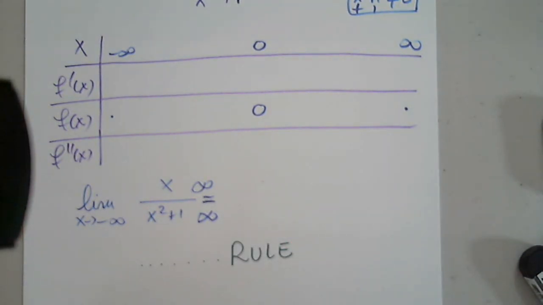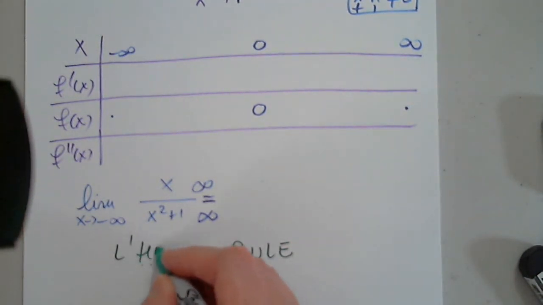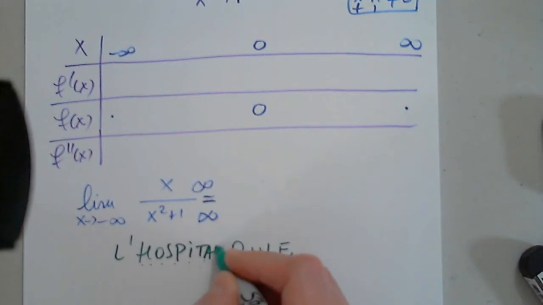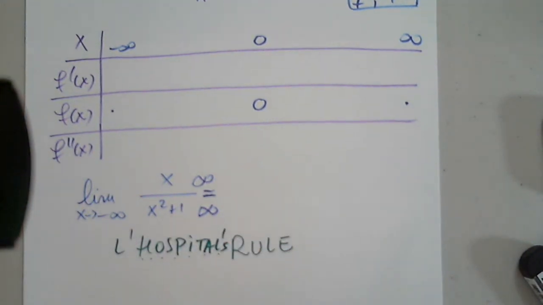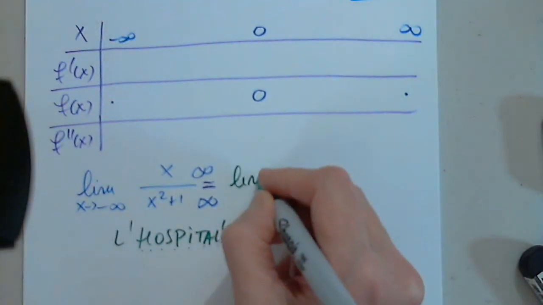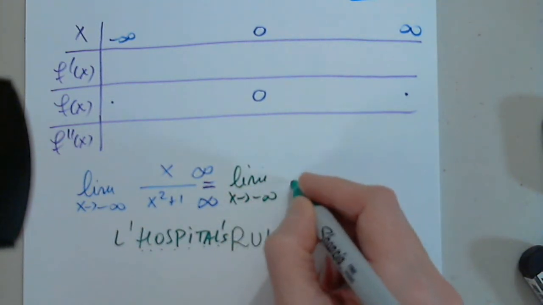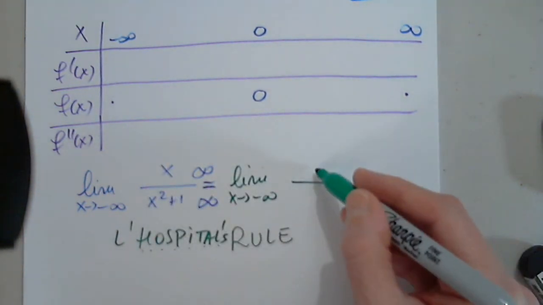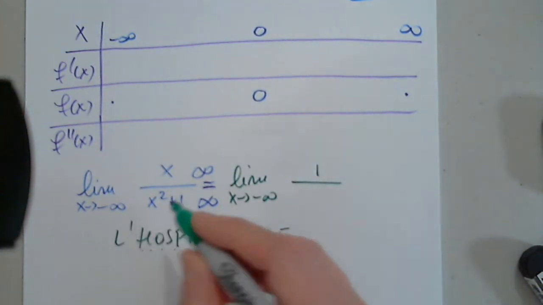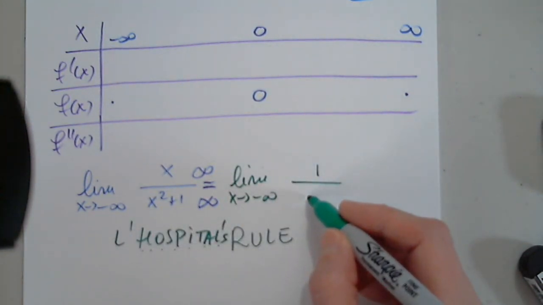What do we do in the case of infinity over infinity? L'Hopital's rule. Yes. So the limit as x approaches negative infinity, the derivative of the numerator over the derivative of the denominator, 2x.